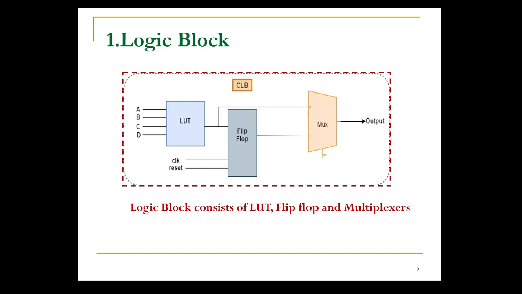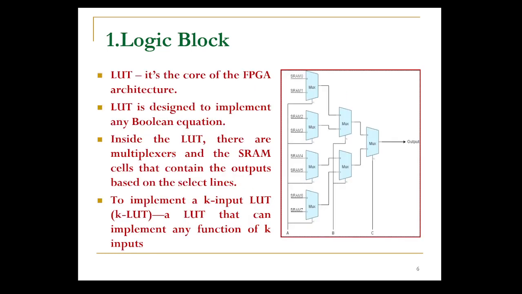As the flip-flop is a sequential circuit, it will be triggered only when the clock is supplied. The output of the flip-flop is again fed as another input to the multiplexer. Many inputs, only one output, is the multiplexer concept with the help of select lines. So this is the internal configuration of a CLB, configurable logic block.